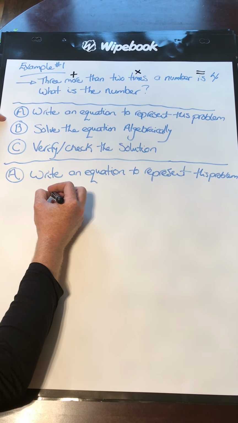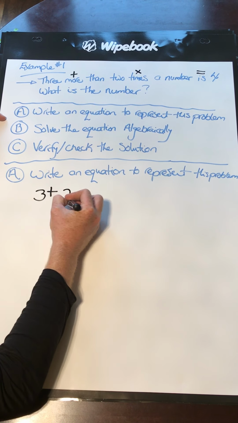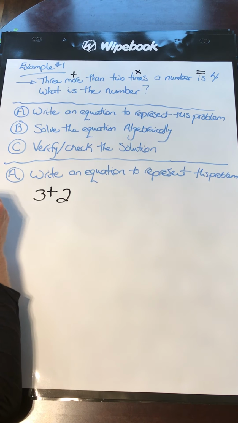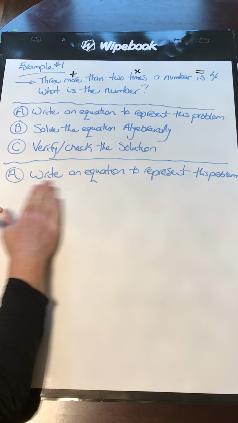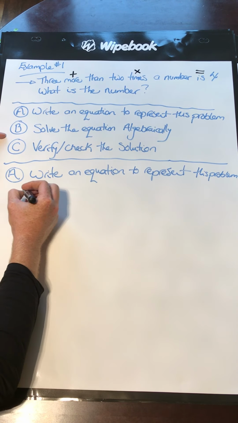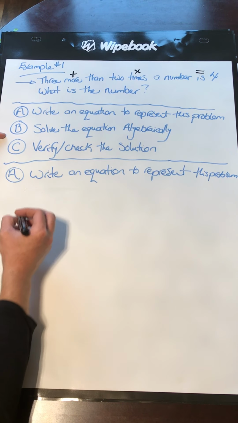3 more, so 3 plus, then 2 times a number. So 2 times, now I'm not going to write that times symbol in there, but 2 times a number. Oh, and before I even do this, I need to do something. I jumped ahead. We need to write something down. And that's a good mistake for me to make, to show you we need to write something down.